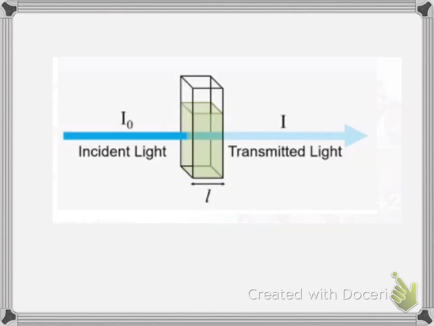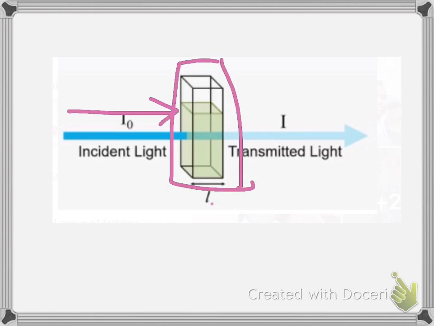Suppose we have a solution with unknown concentration. To find out the concentration of the solution, we can use Beer-Lambert's law. When we pass a monochromatic light through this solution, some of the light is absorbed by the molecules present in the solution and some of it is transmitted.